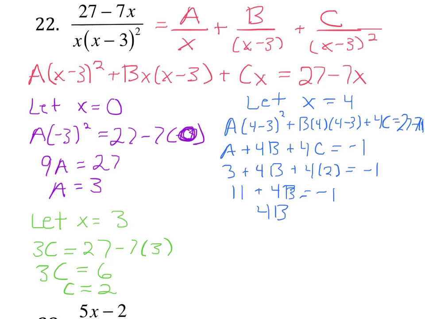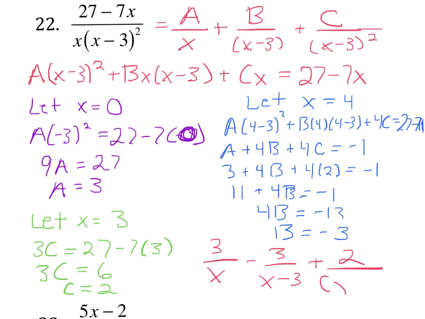So 4b will equal negative 12. So b will equal negative 3. So now I've solved for A, B, and C, and I can finally write my final answer, which will be 3 over x minus 3 over x minus 3 plus 2 over x minus 3 quantity squared.